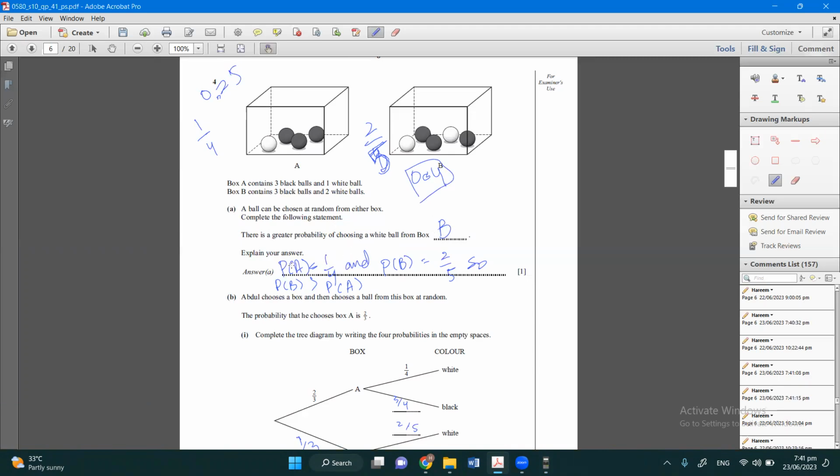And we will write the answer in this form, or either you can write in your words. मैंने इसको इंग्लिश के इसको मैंने थोड़ा सा एक्सप्रेशन फॉर्म में कि probability of A is 1 over 4 and probability of B is 2 over 5. So probability of B is greater than probability of A. That is why the chances of getting the white ball from box B are higher. Okay.